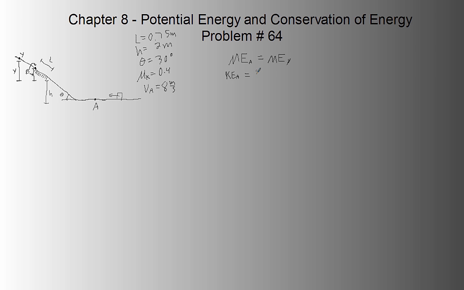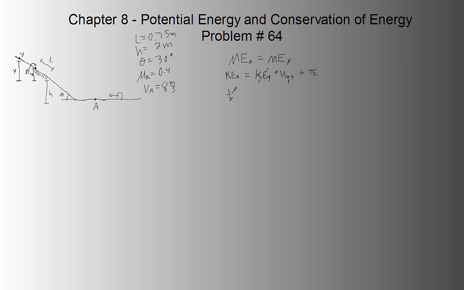So we'll just put it for now. Kinetic energy at Y plus gravitational potential energy at Y plus the thermal energy that was taken out of the block as it went across L. So the kinetic energy at Y is 0 because it's coming to a stop.